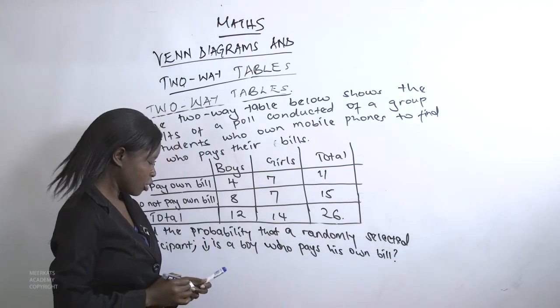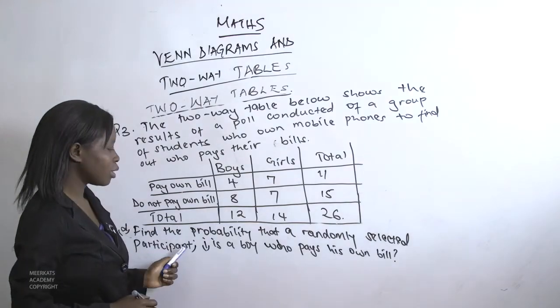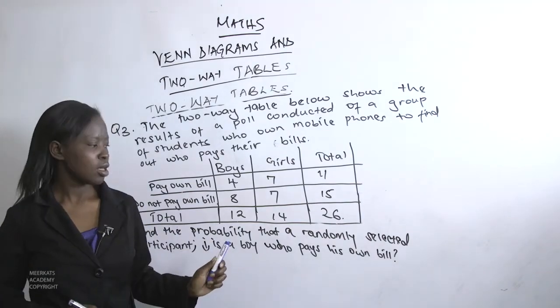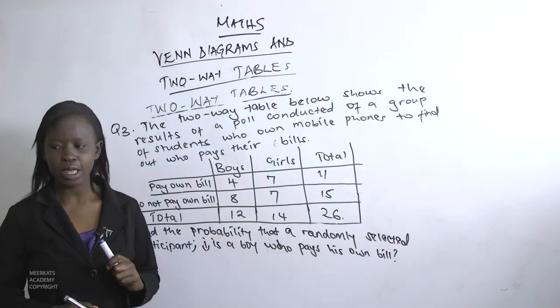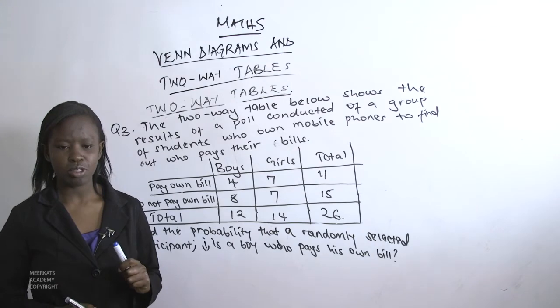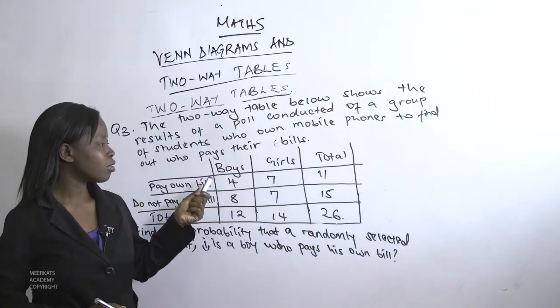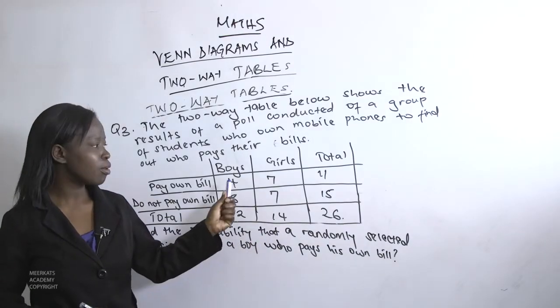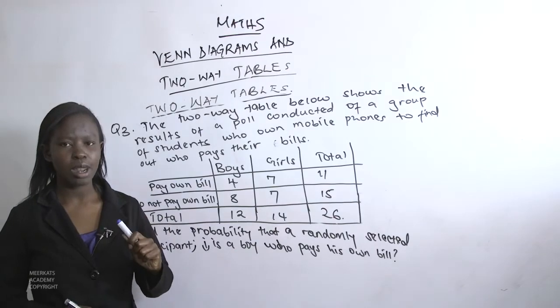So the first question, find the probability that a randomly selected participant is a boy who pays his own bill. So the first condition is that the person we are choosing should be a boy, and in addition to the fact that this person that has been selected is a boy, is that the boy pays his own bill.